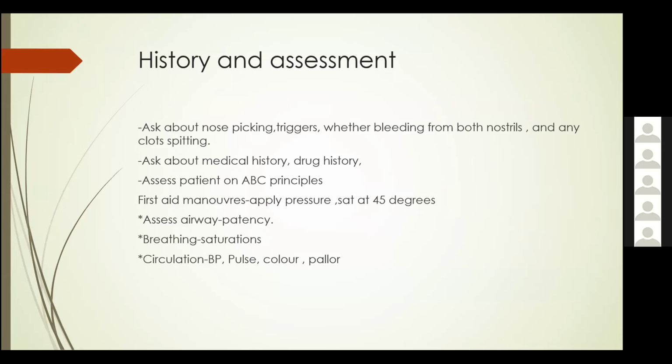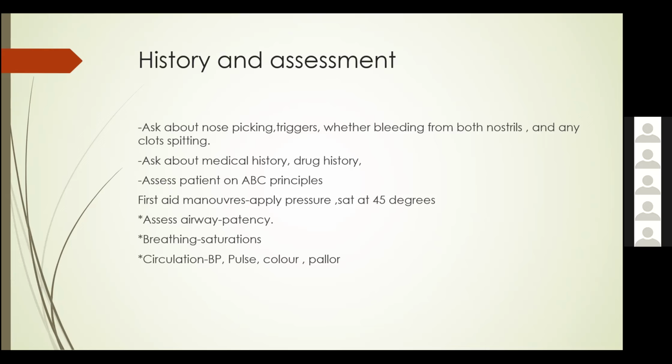Now, coming to history and assessment. When you're taking a focused history about epistaxis, you need to ask about the nose picking, obvious triggers, and you also have to ask the patient whether they are bleeding from one or both nostrils. Why?